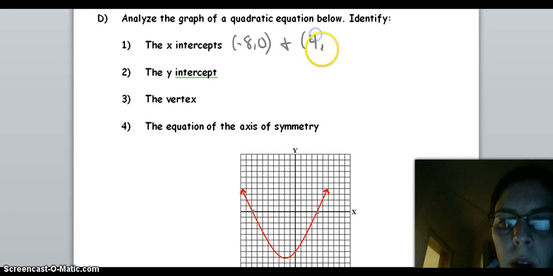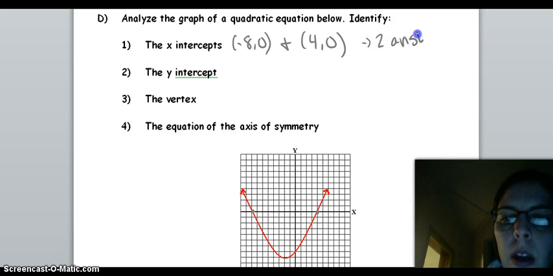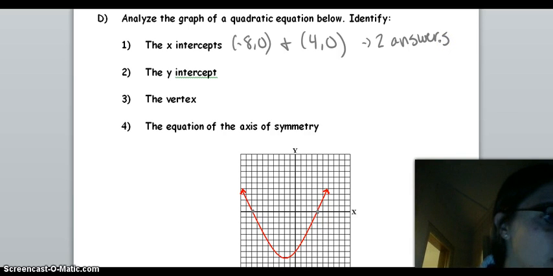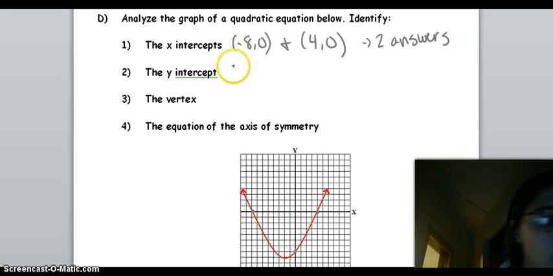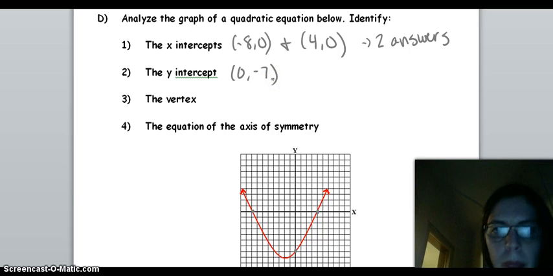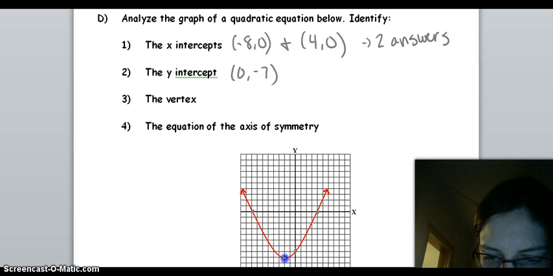So 4 and 0. So there's 2 of them, remember? And then the y-intercept here is where it crosses the y-axis, and that's down here, and that's 0, -7.